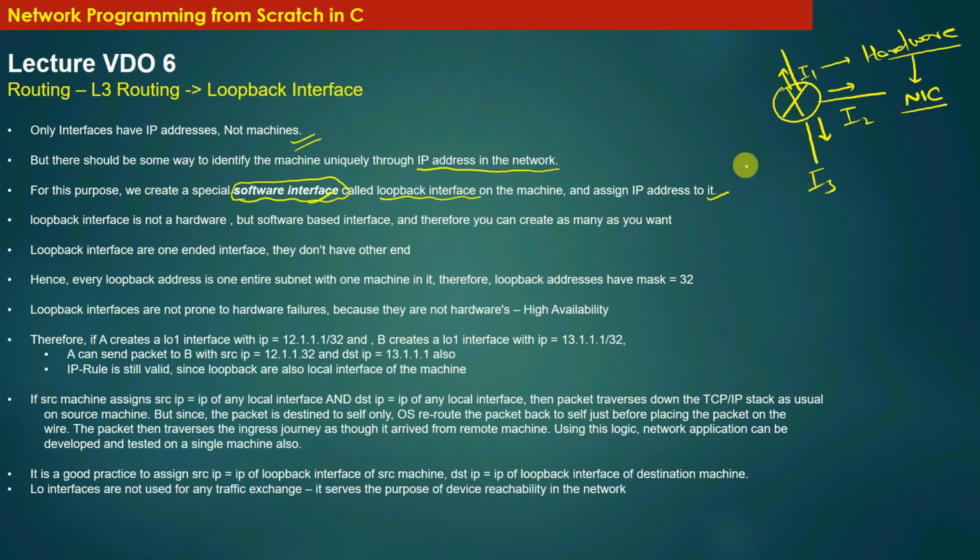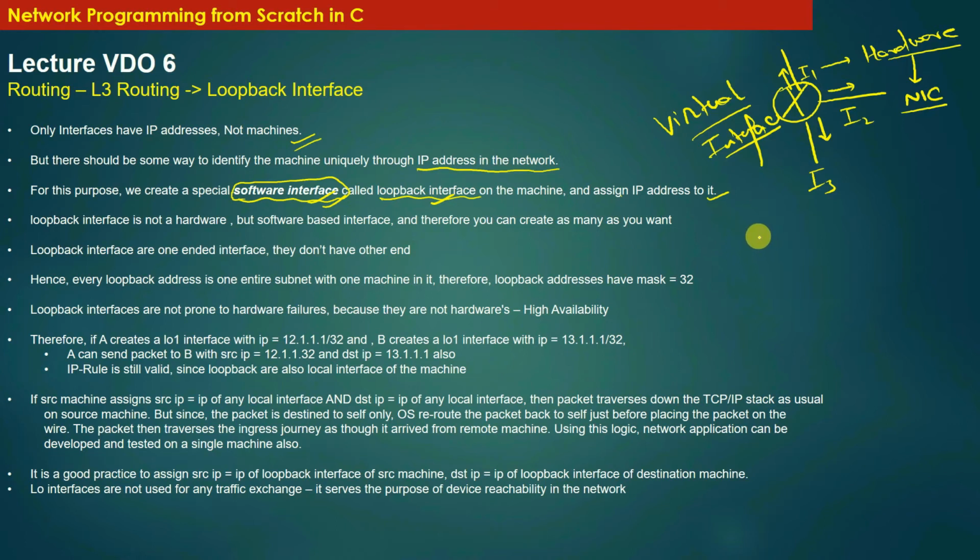Loopback interface, on the other hand, is a software simulation of an interface. In other words, it's a software interface. That is, somebody has written a program and that program creates a virtual interface. That interface does not have hardware, but the operating system sees the loopback interface like any other physical interface.